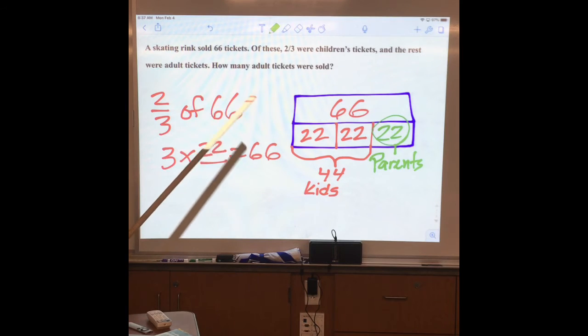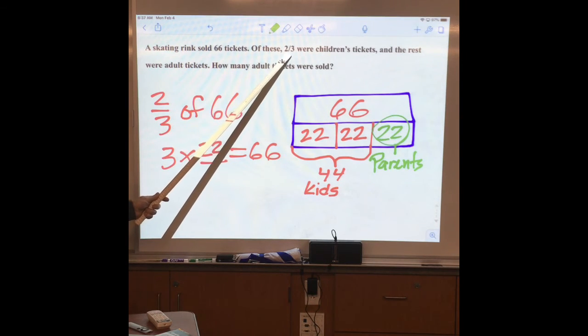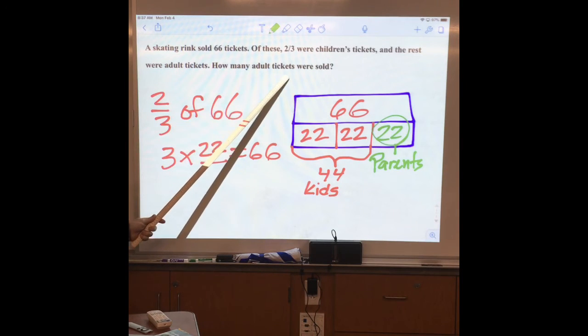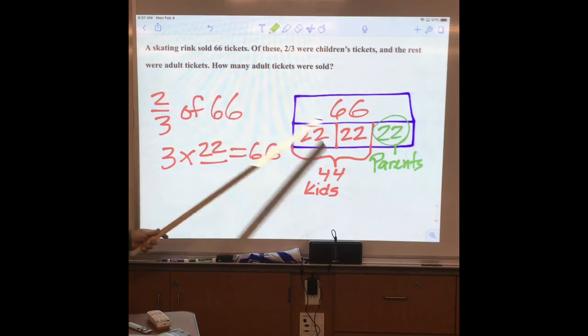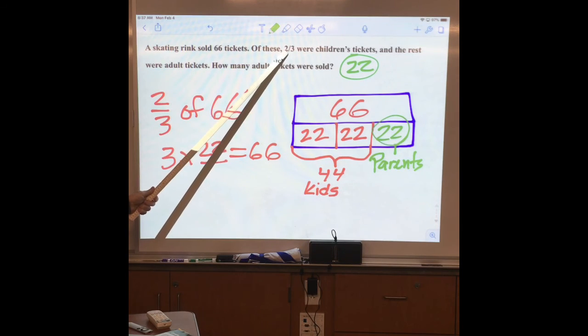So really what they were doing is they were trying to trick us a little, weren't they? Because they said 2/3 of the tickets were sold to children. How many adult tickets were sold? So they were looking for this last box. What was that going to be? So our answer to this problem is actually 22, even though they said 2/3 of the tickets were sold to children.